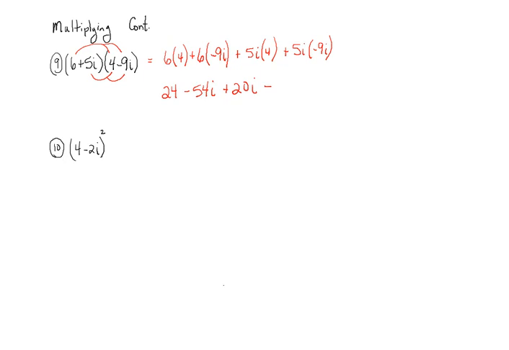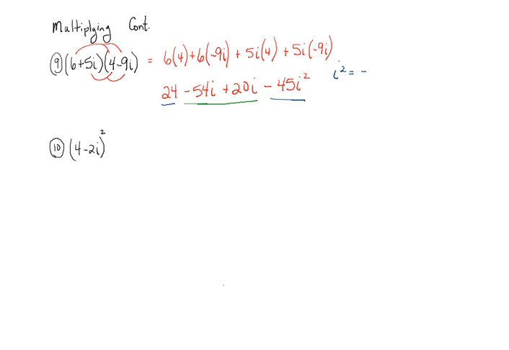So I can rewrite this as 24 plus 45 and negative 54i plus 20i. Simplify those. 24 and 45 is going to be the number 69.